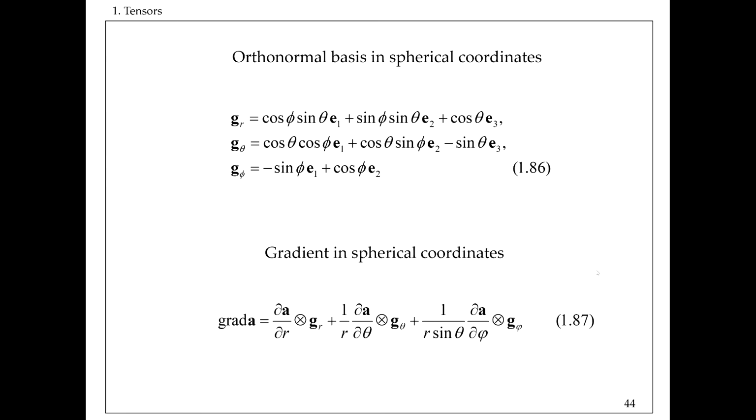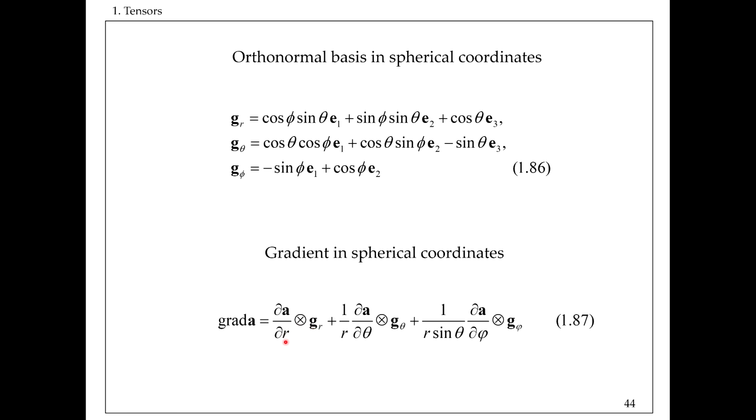And similar to the previous case, you start seeing that, in a similar way to the gradient in the Cartesian coordinate system, you take the derivative with respect to your components r, theta, and phi, and multiply it with the basis vectors, the tensor product with the basis vectors that correspond to the one you took the derivative with, right?